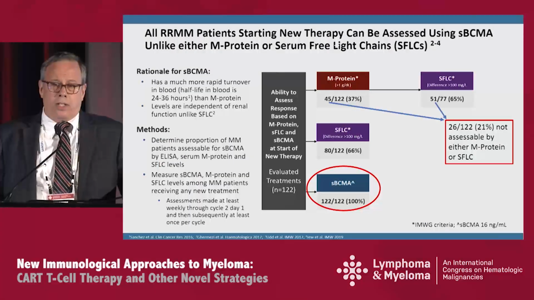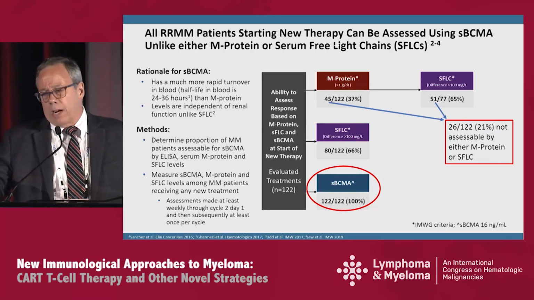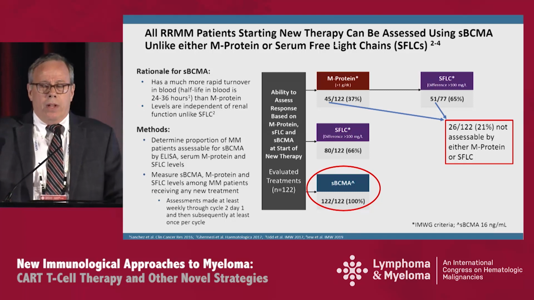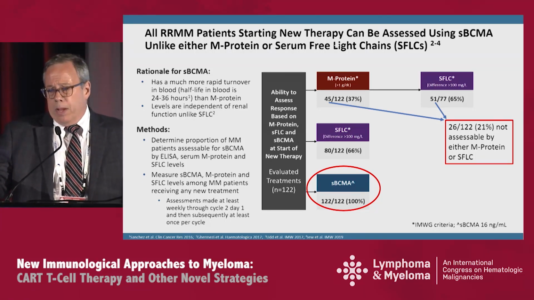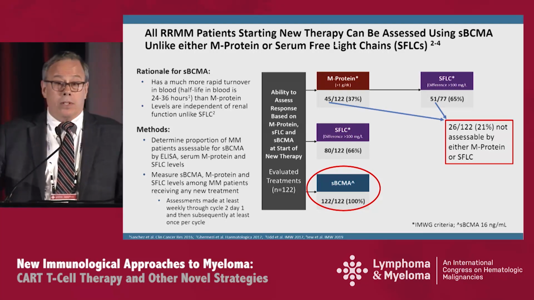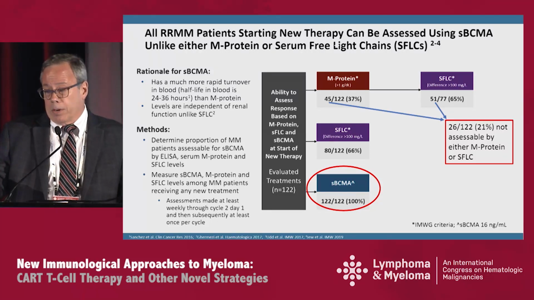So we looked at a series of 122 patients in our clinic who were relapse refractory, and we wanted to see whether serum BCMA would be valuable in more of them than free light chain or M protein, and if so, could it give us an earlier read on progression than the conventional biomarkers?